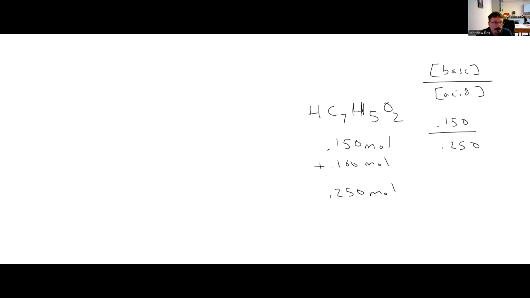So I could take 0.25 moles for my acid, put that over 1.1 liters. We get acid concentration 0.227.